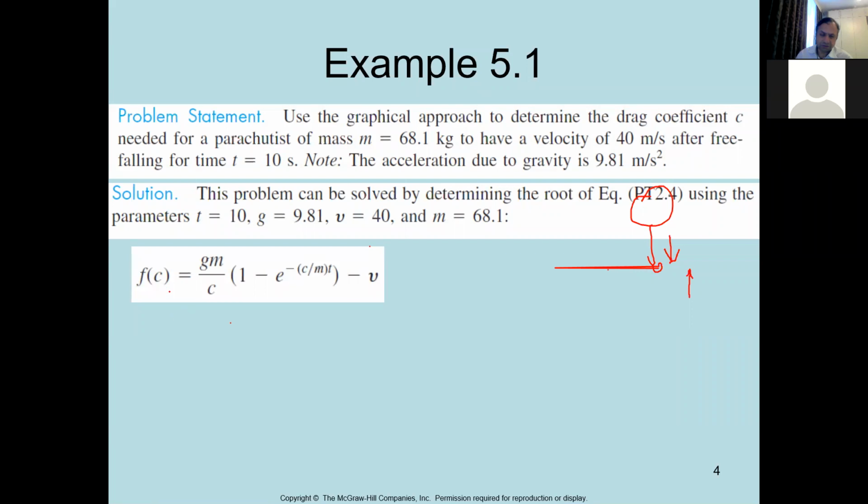f of C is equal to g m over C times 1 minus e to the power of minus C over m times t, minus v.